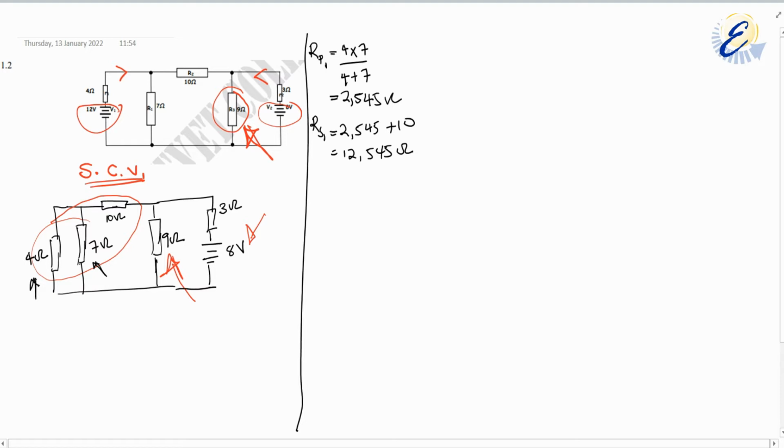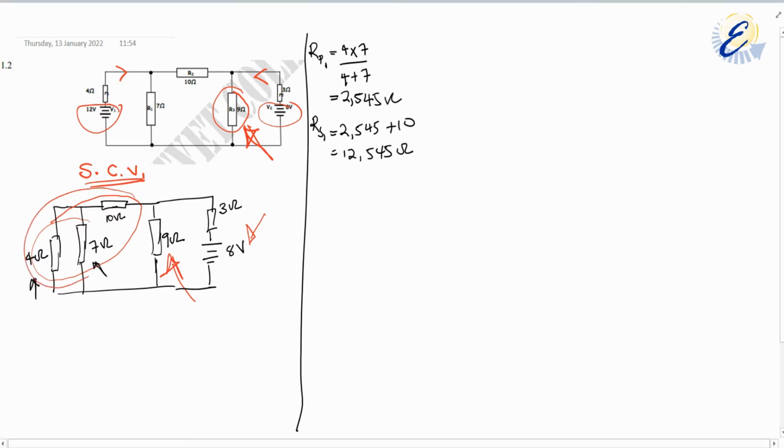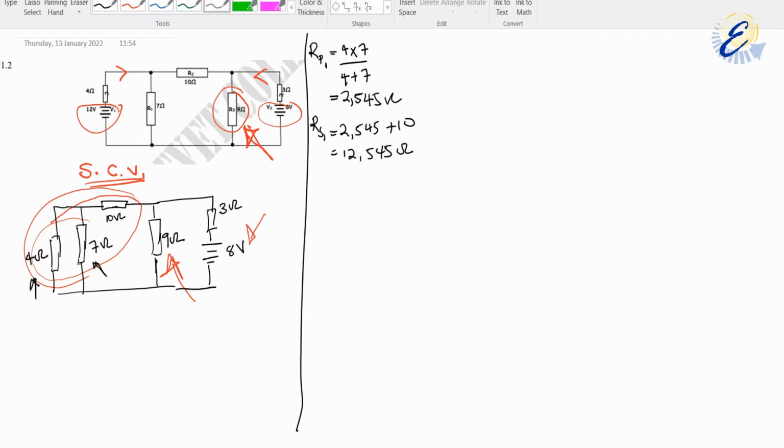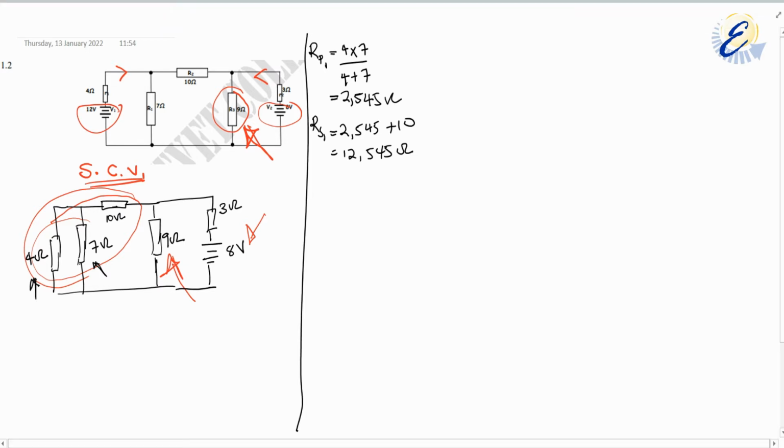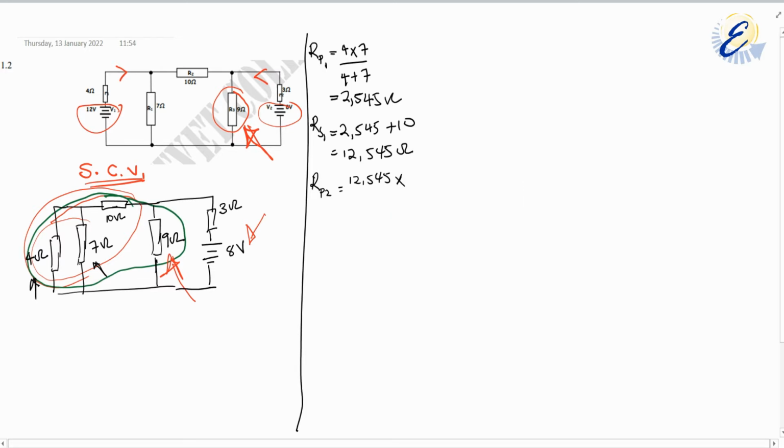And then we now calculate the parallel combination, because this whole system here becomes parallel to our 9. So we're going to say RP2 is equal to 12.545 multiplied by 9, divided by 12.545 plus 9.